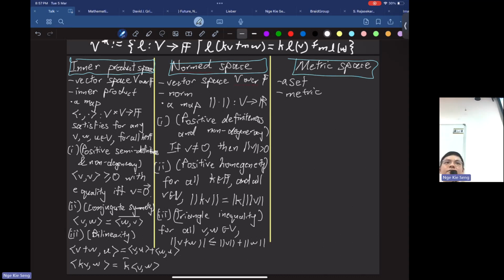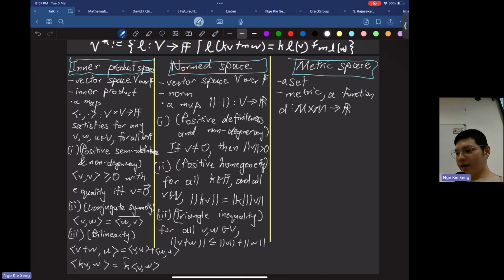Again, it's a function. We call it d because it's a distance function. I give you two points, you give me some number. Tell me how far are they? Okay. So again, this has to satisfy three properties here.